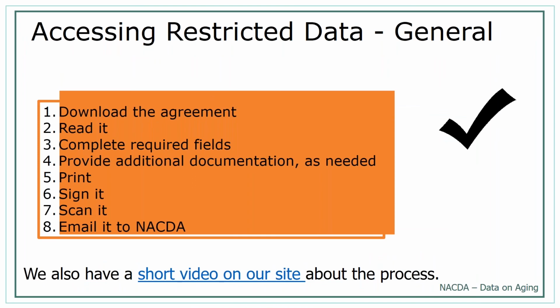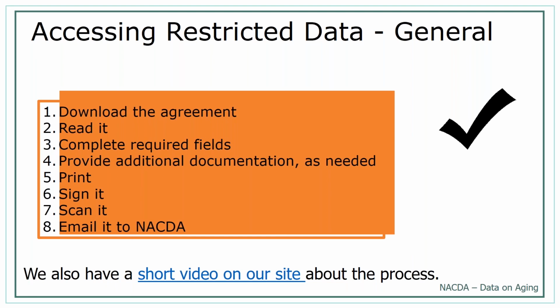This is just general: if you're accessing restricted data from NACDA, you want to download the agreement, read it, complete all of the required fields, and provide any additional documentation. Some require IRBs. If you don't have a scanner, you can take a picture of it, or you could print it, sign it, scan it.